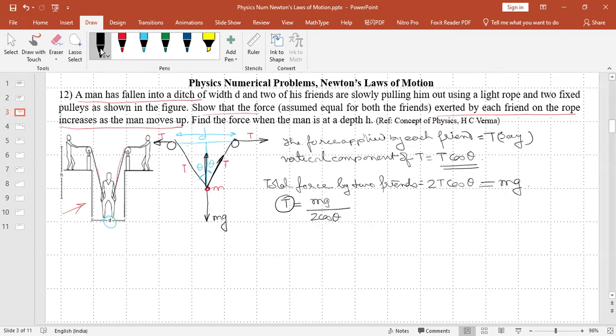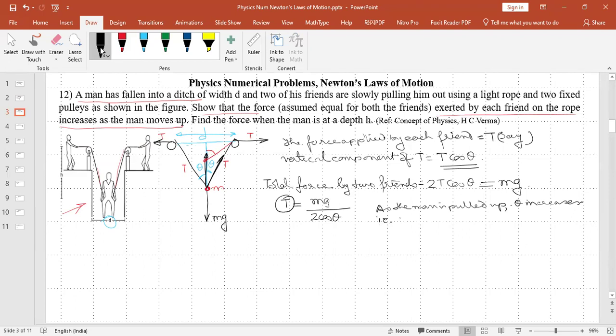Now what happens as the man goes up? If the man is pulled up here, then the new angle will be like this. So theta will be more. As the man is pulled up, theta increases.